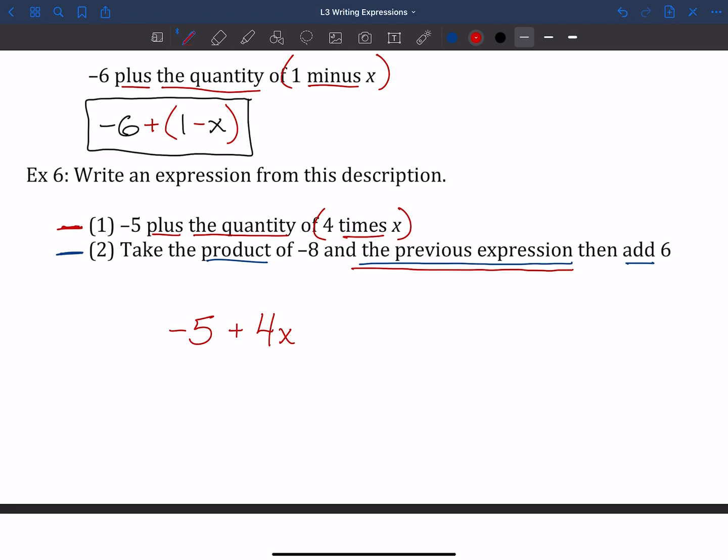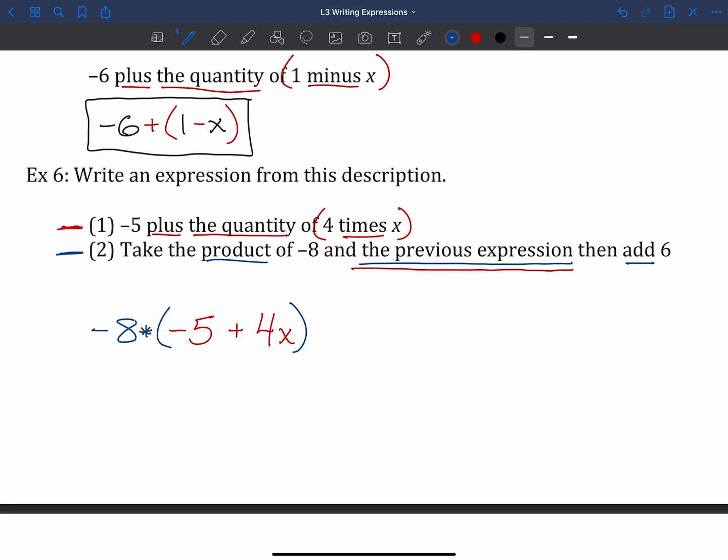If we need to take the product of -8 and that whole chunk, we want to do -8 times the entire thing. When I talked about parentheses, it's like a big group of stuff. -5 plus 4x should be in a group because that's the entire previous expression.